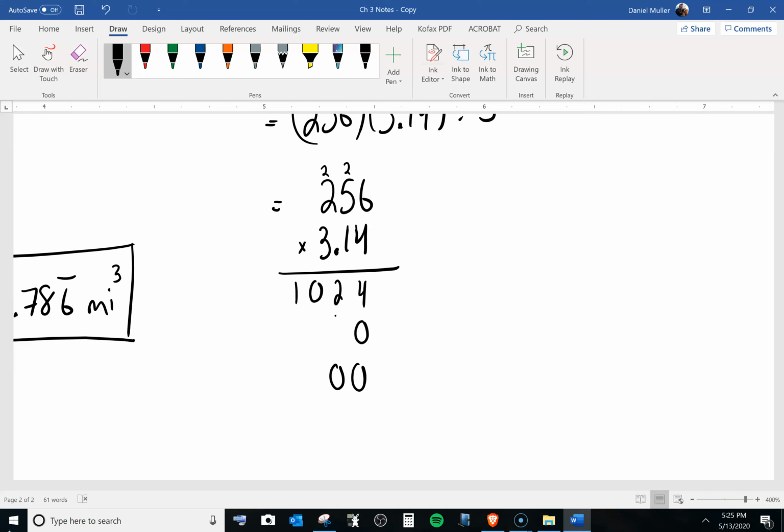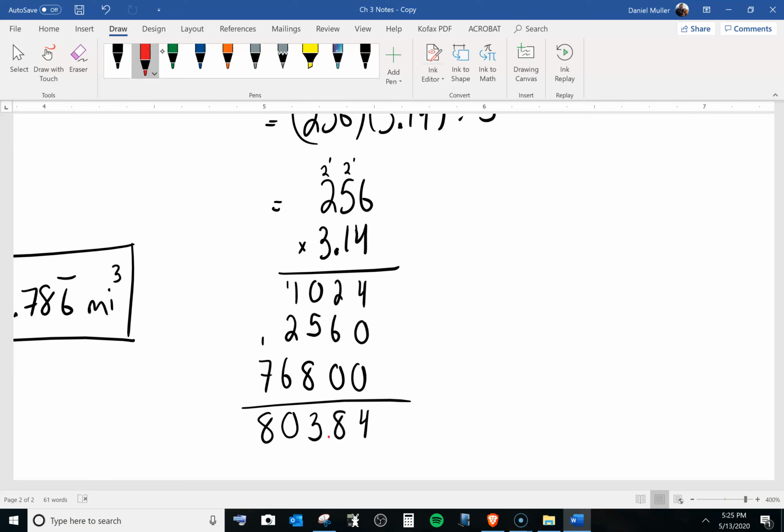That's going to be a 6, 5, and a 2. And then 6 times 3 is 18. And then 15 plus the 1 is 16. 3 times 2 is 6 plus the 1 is 7. So I get a 4, 8. 8 plus 5 is 13. And then 6, 7, 8, 9, 10. And then an 8. And then the 2 decimal spots.